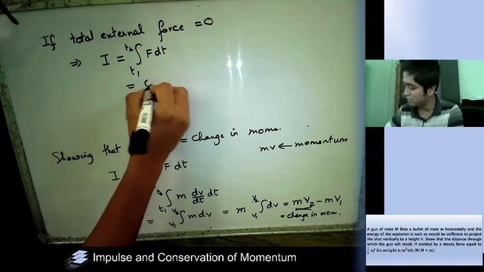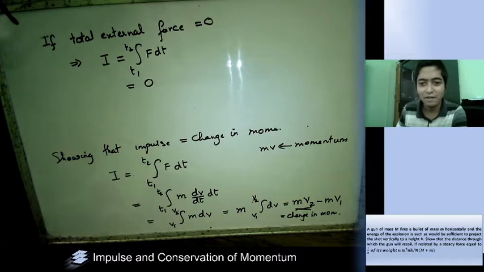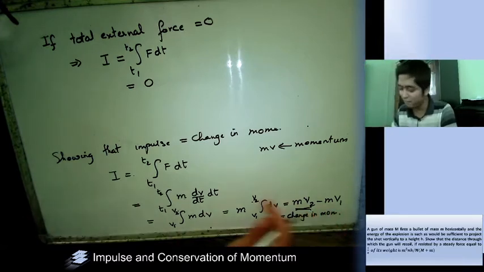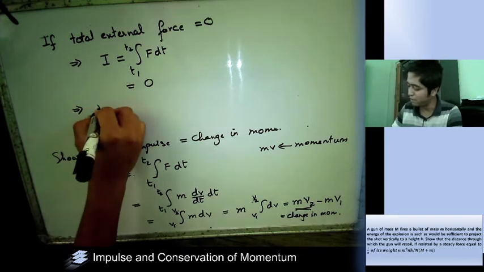It will be equal to zero, hence mv2 = mv1.